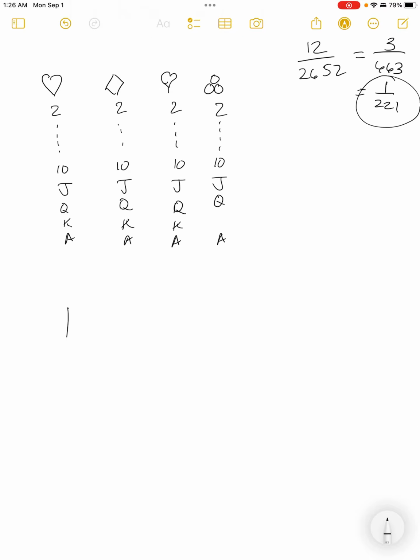If I keep this same picture in mind, what if I asked for the probability that I get 2 hearts? Right? So maybe I'm playing poker and I already have 3 hearts and I get 2 more deals in order to make my 5-card hand, and I want to know what's the probability that I'm going to see 2 more hearts.